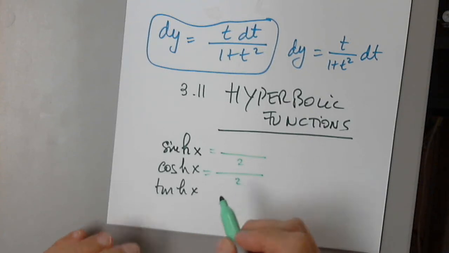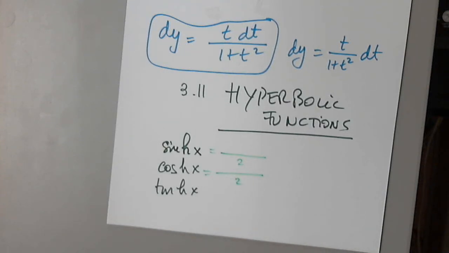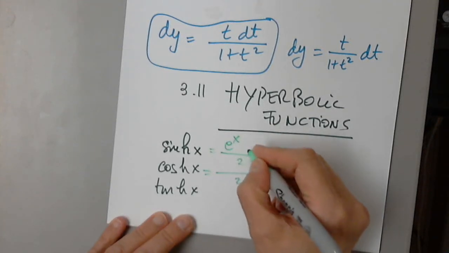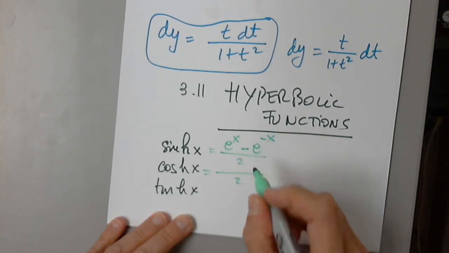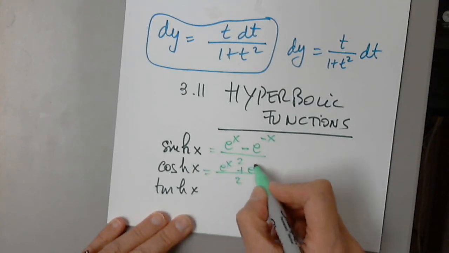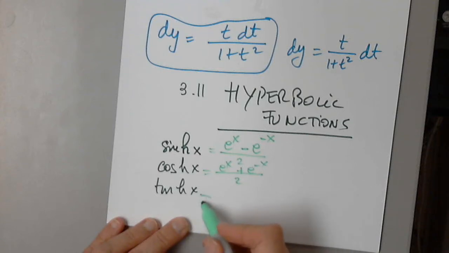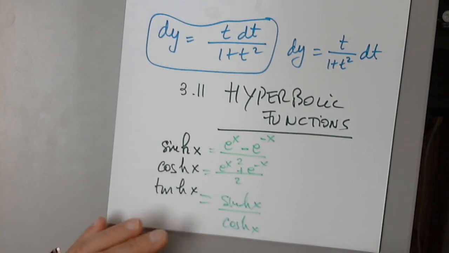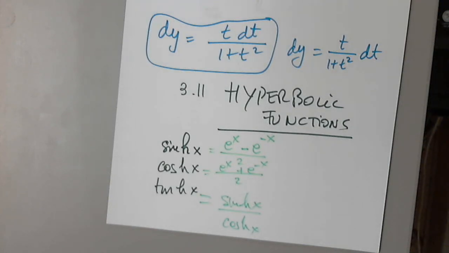So they came up with two functions, e to x minus e to negative x over 2 and e to x plus e to negative x over 2. And of course, this one is hyperbolic sine over hyperbolic cosine. So the top and the bottom, the hyperbolic sine, hyperbolic cosine, they're very similar, but one has minus, one has plus.